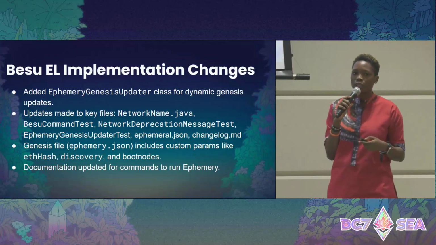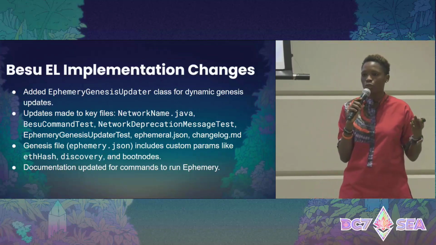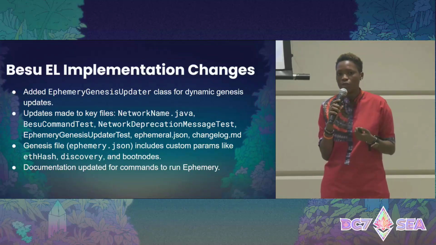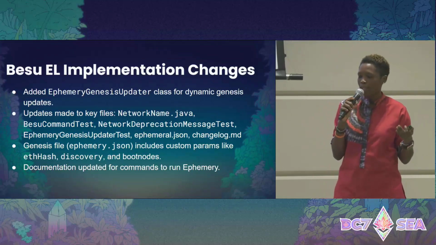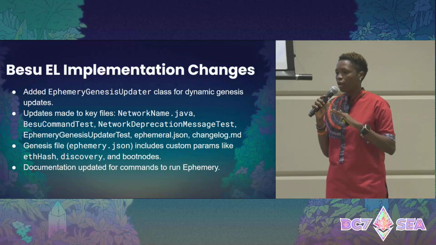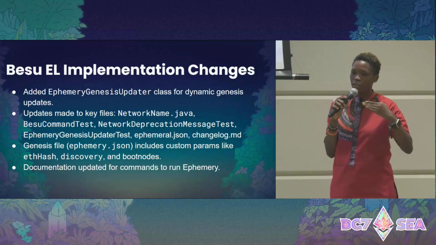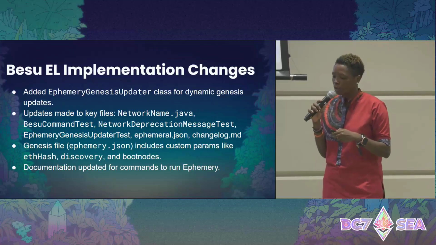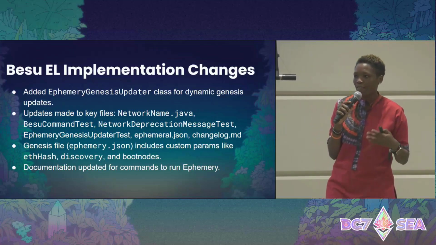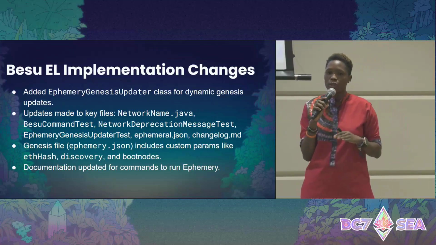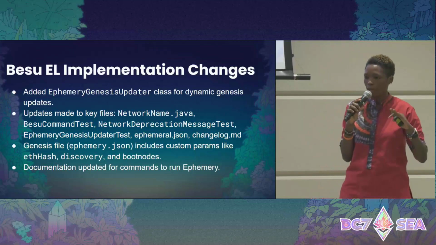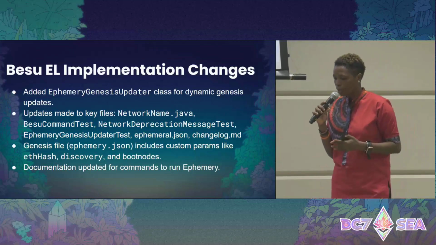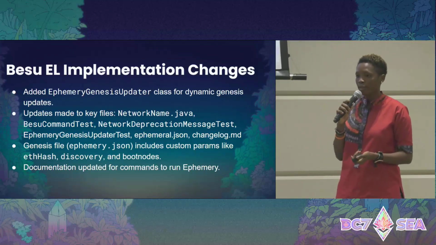So we needed to write some custom functions and custom classes to be able to work on the updating of the Genesis state. Because Ephemery updates after a certain period of time, there was need for a custom function to be created for that to happen dynamically.